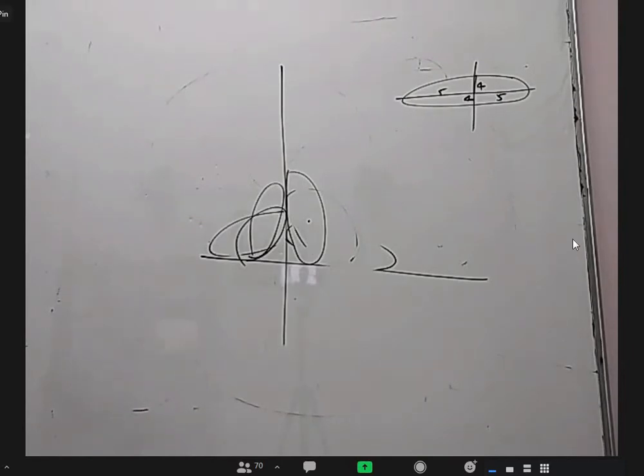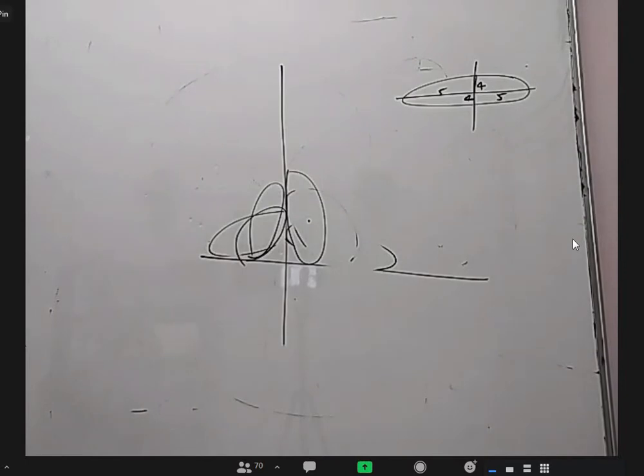Anybody want to comment on the locus? What is the shape or equation of the locus? I want to tell you the locus is a circle.